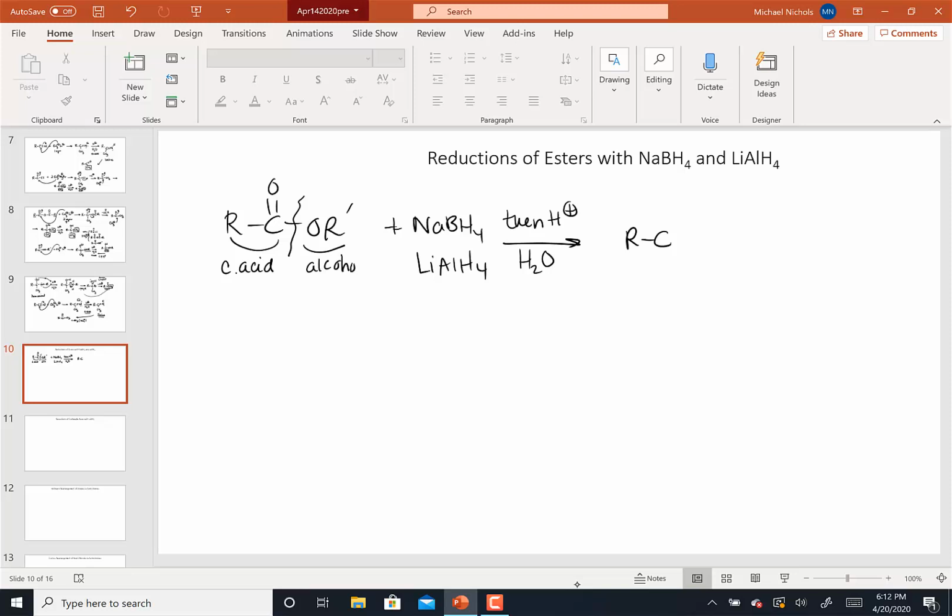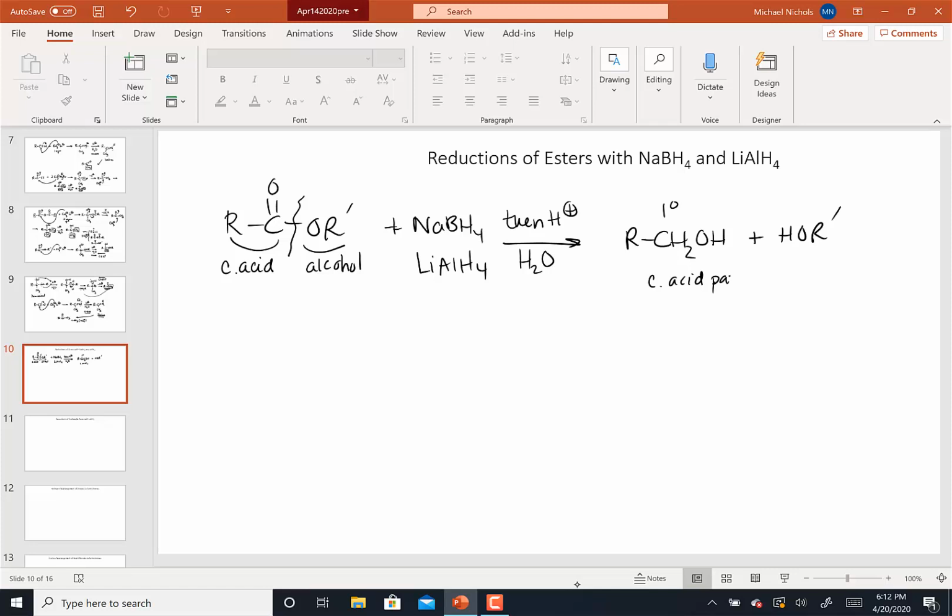And this reaction ends up splitting that molecule down so that the carboxylic acid part becomes a primary alcohol and the alcohol part becomes an alcohol. So we end up splitting that molecule in half, and we end up reducing the carboxylic acid part to a primary alcohol.